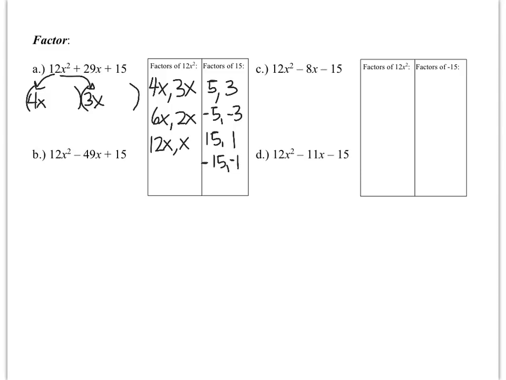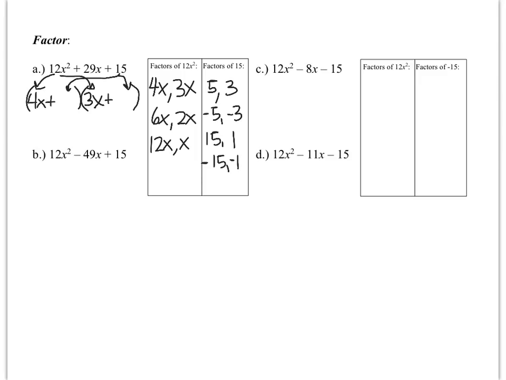Now, the next thing I'm going to do is try some numbers for 15. Whatever I put right here and whatever I put here has to multiply to give me 15. Now, one way I know that I'm going to use my positives is because if you think about multiplying your inners and your outers together, since the middle term is positive, like this whole problem has just plus signs in it, my factors here are going to be both pluses.